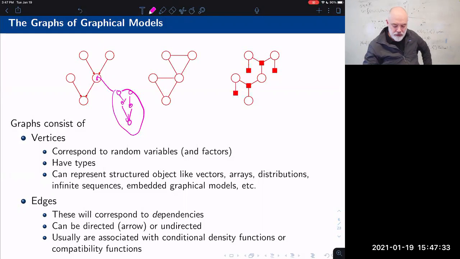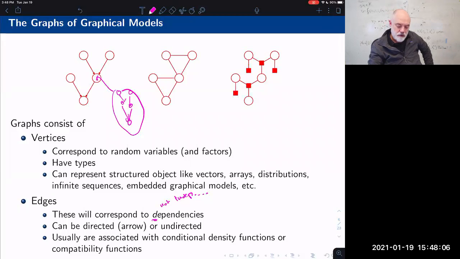Edges, particularly directed edges, correspond to dependencies. This is not independencies. Independencies, particularly in directed graphical models, have to be read off in a different way. So the dependencies can be directed or undirected. The directed ones are usually associated with conditional density functions or conditional distribution functions.